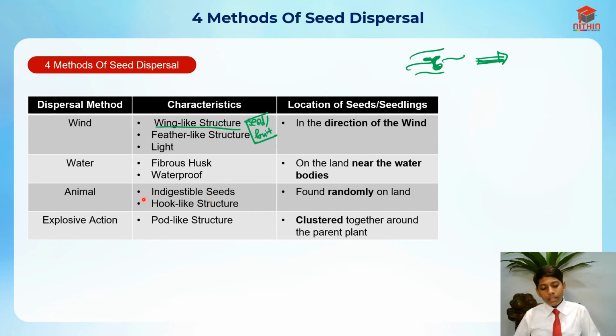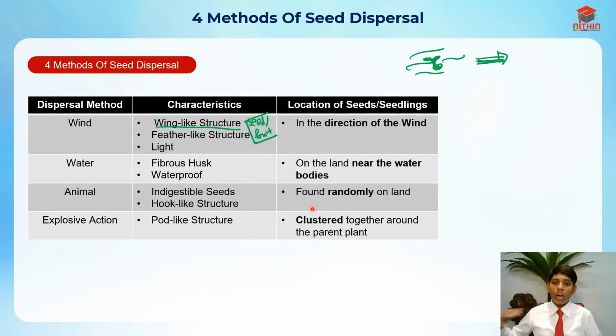Okay, and there's another type of indigestible seed. I've talked about the small indigestible seeds, and there are the large indigestible seeds. So if you're eating mango, right, mango has a very large seed. Imagine a monkey eating a mango, it won't eat the mango where there's a mango tree. It will go far away from the mango tree because it doesn't want any other monkeys to steal its mango.